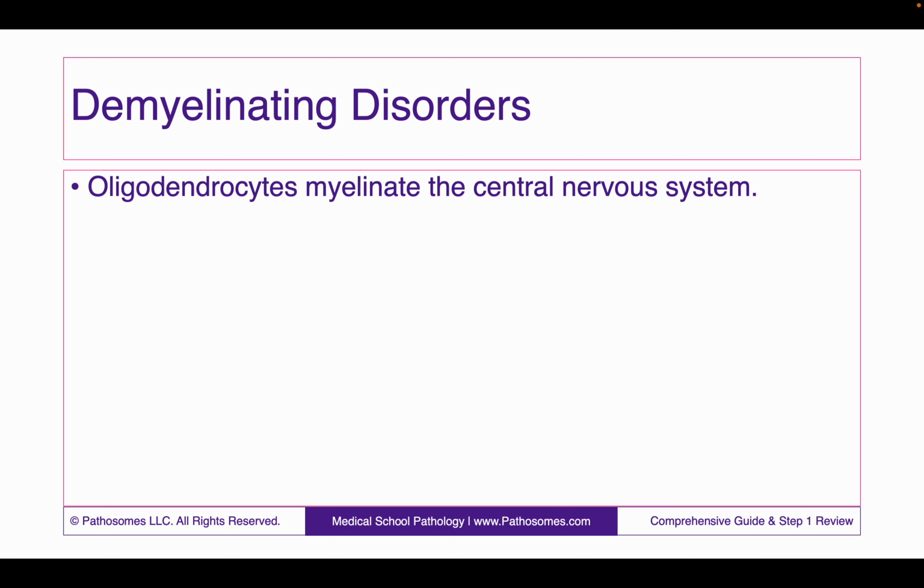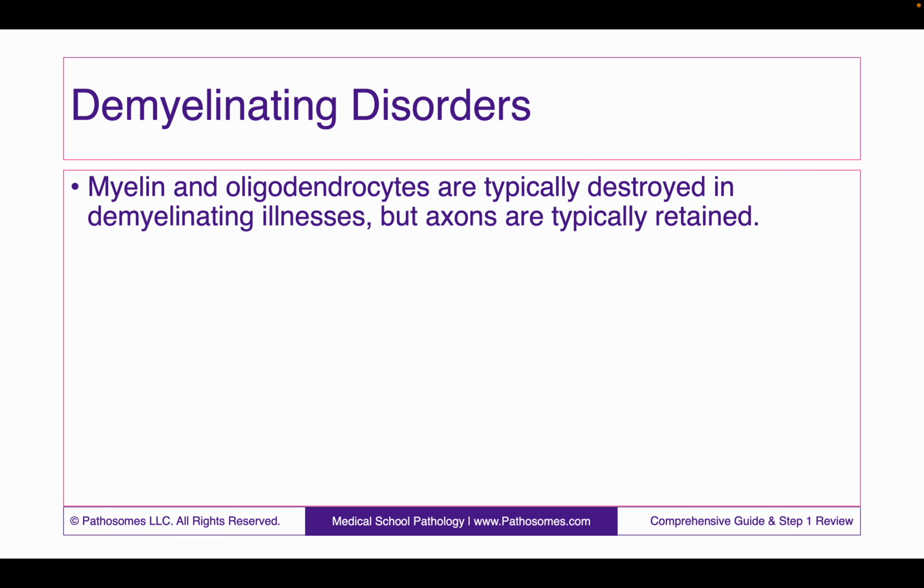Oligodendrocytes myelinate the central nervous system, and Schwann cells myelinate the peripheral nervous system. Myelin and oligodendrocytes are typically destroyed in demyelinating illness, but the axons are typically retained.